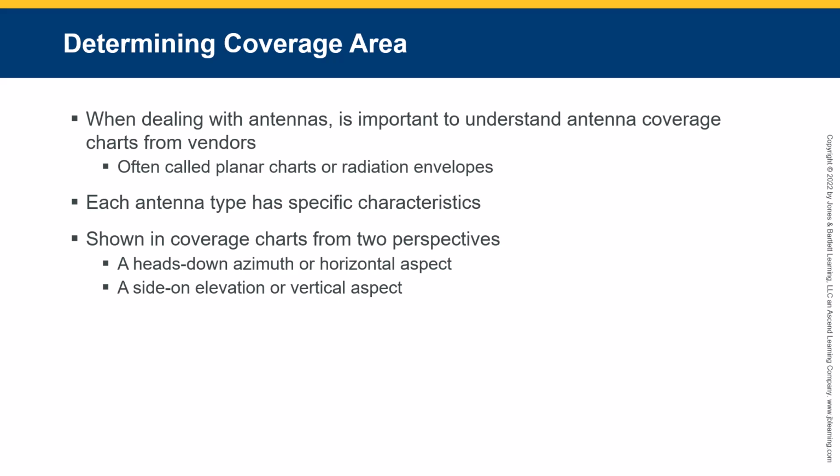So again, the charts that look at the antenna coverage are a planar chart or a radiation envelope from the different vendors. Each antenna type will have specific characteristics, so you need to understand that and how it relates to your environment. Shown in a coverage chart, there are two perspectives: heads down, or a horizontal aspect, or a side evaluation and a vertical aspect.